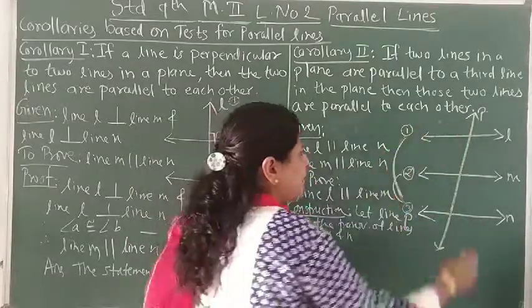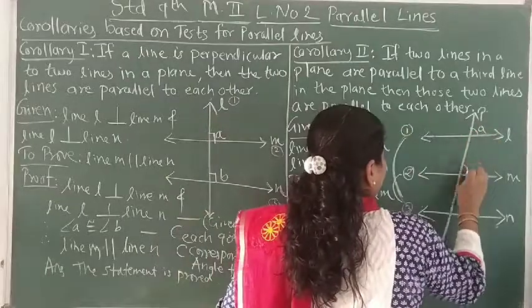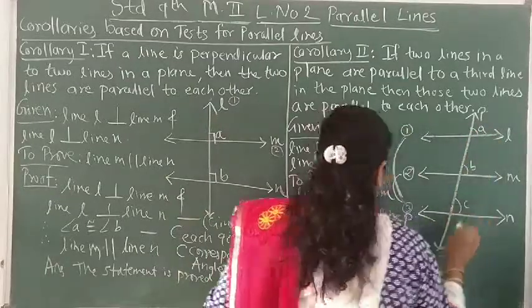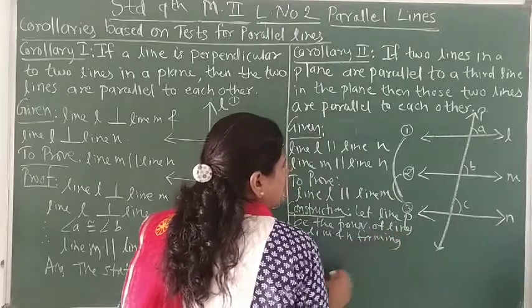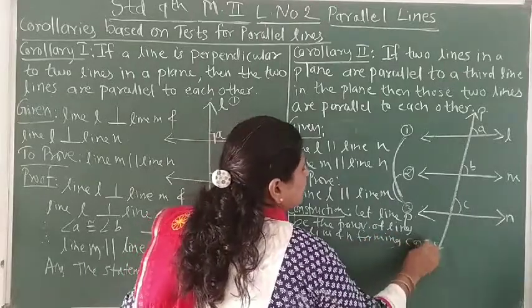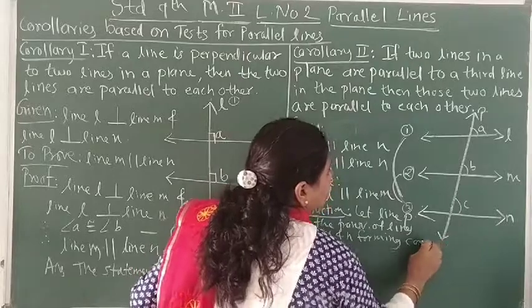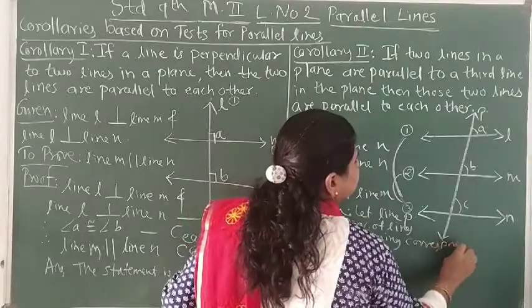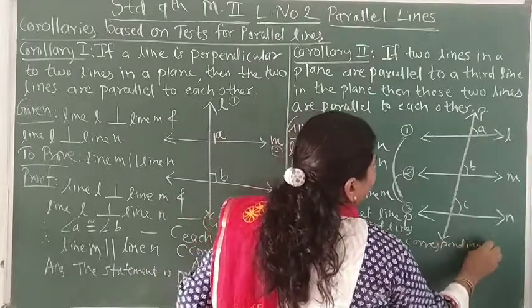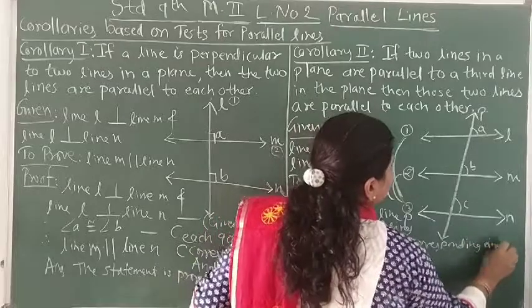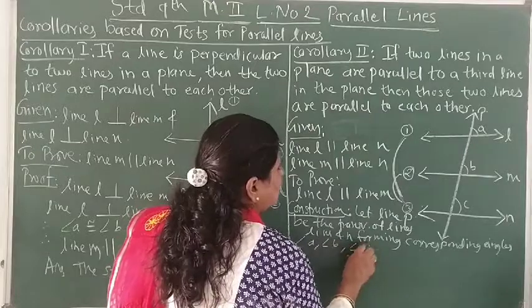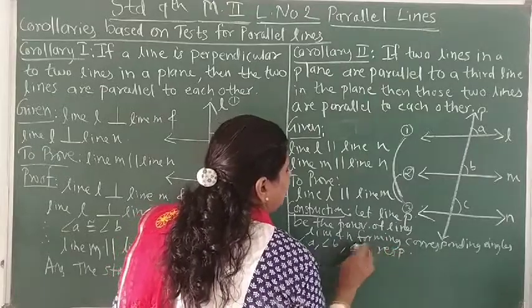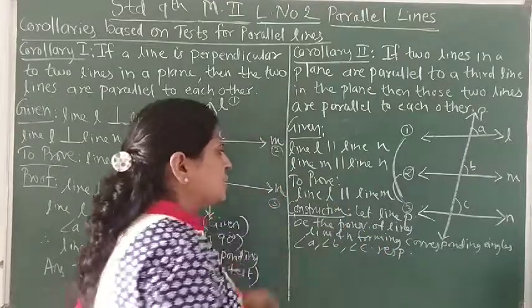So if we take these angles, corresponding angles A, B and C, forming corresponding angles, angle A, angle B and angle C respectively. Okay, so this is our construction.